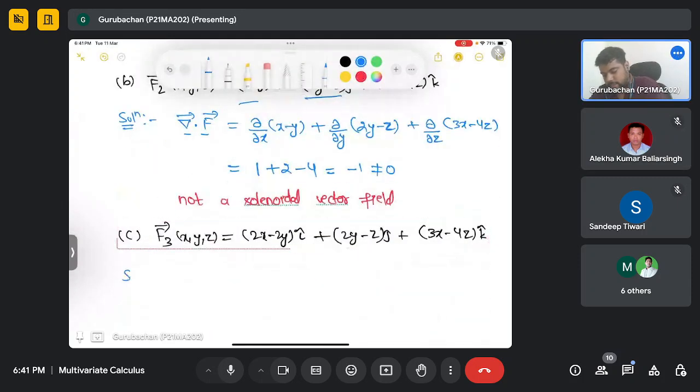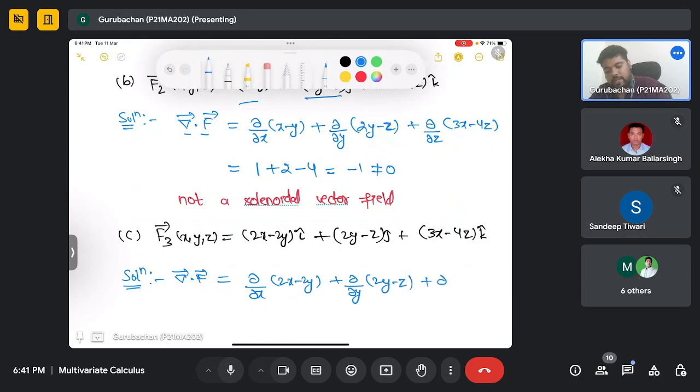The reason is, again, we have to calculate the divergence of this. So this will give us del by del x of 2x minus 2y, plus del by del y of 2y minus z, plus del by del z of 3x minus 4z.